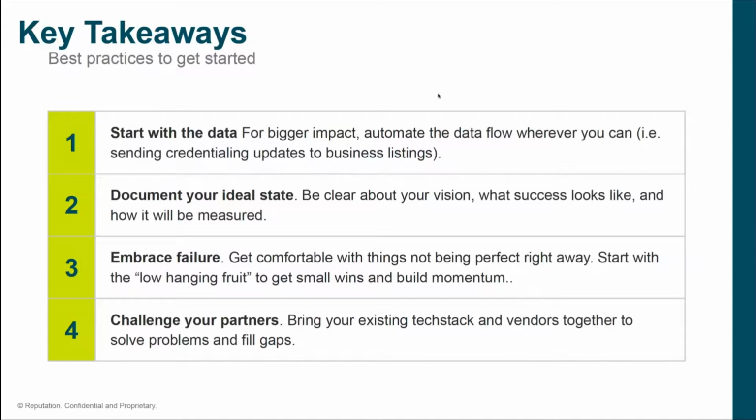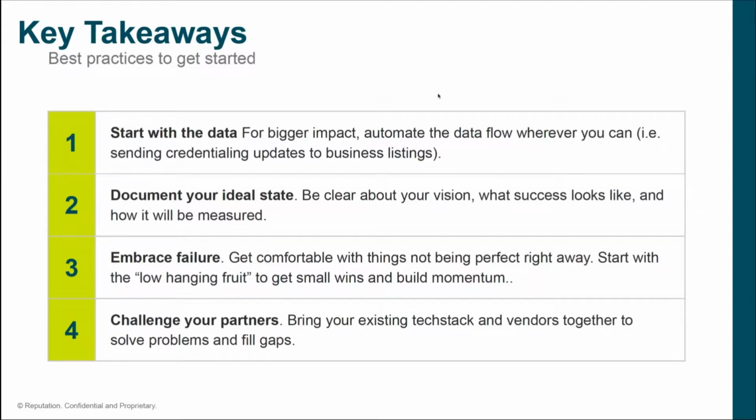Secondly, document your ideal state. We've all heard about this, those of us who are part of the generation whose parents told them you can do anything. We know that it's important to be visionary. I think Oprah is the one who taught us all about vision boards.